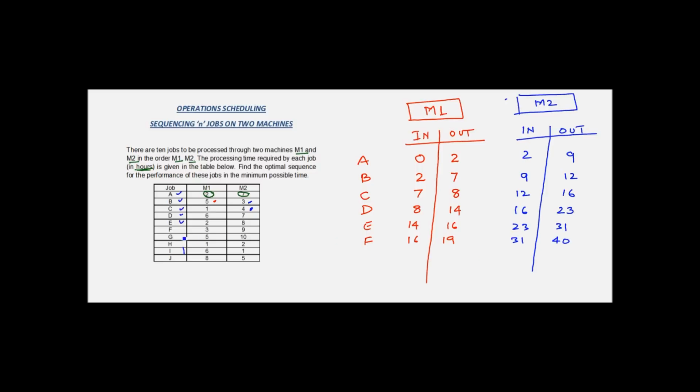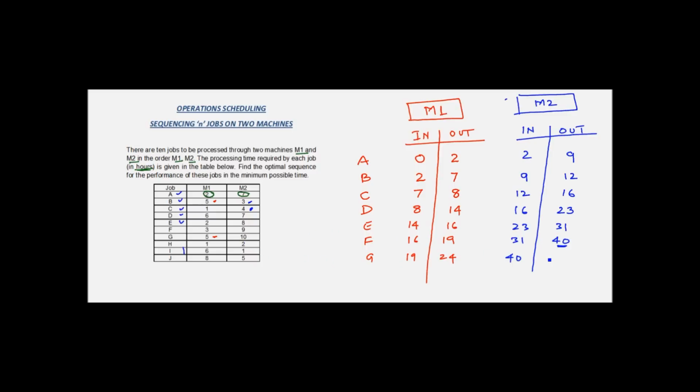Now G takes 5 hours to be processed on M1. So G will go into M1 at the 19th hour, and it takes 5 hours. So 19 plus 5 is 24. However, G can go into M2 only after the 40th hour. So 40, and G takes 10 hours to be processed on M2.